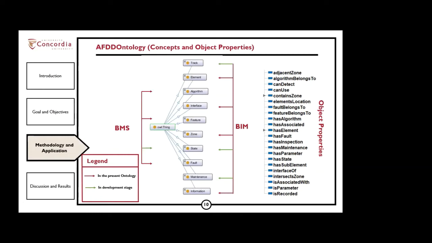Are they coming from your ontology, or from BMS, or from BIM? There are parts coming from BMS and BIM. Yeah, because I'm more interested in knowing what kind of information you need from BIM and what information from BMS would allow you to achieve the automatic fault detection and diagnostics in your platform.